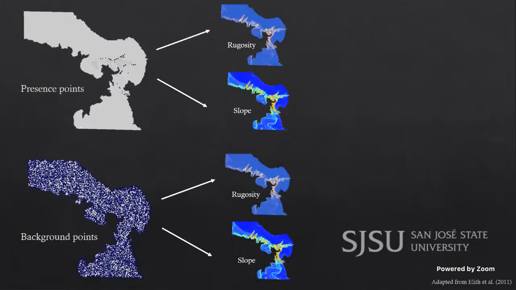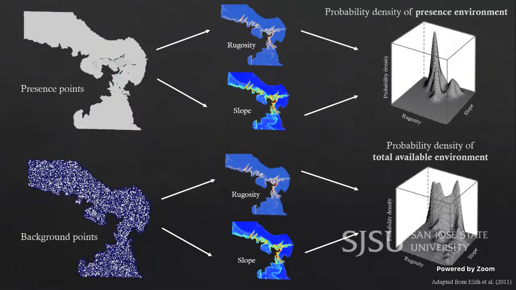To do so, presence points and background points are both run through the data. The environmental variables we're looking at are rugosity and slope. The probability density of presence points characterizes where the species has been found, whereas the probability density of background points characterizes the available environment within the study region. MaxEnt then takes the ratio between these two densities, and this gives the environmental suitability for species presence for each point within the defined study region.